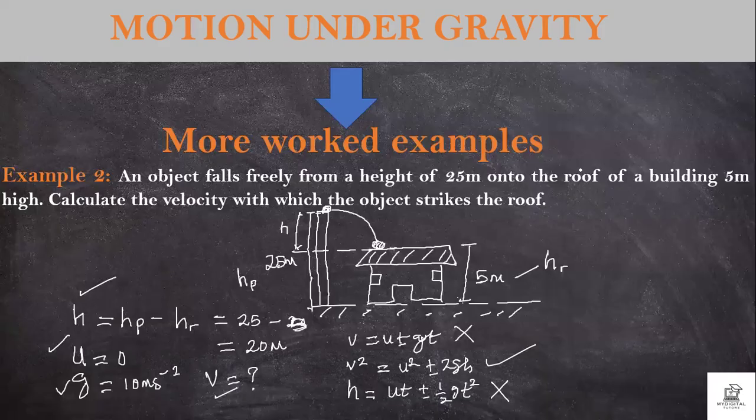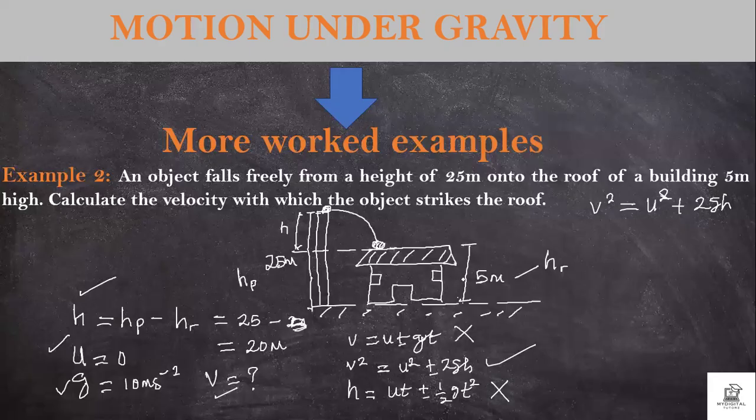So the formula will now become v squared is equal to u squared plus 2gh, because the object is falling down. Had the object been projected upward, we would use negative. Take note of this.